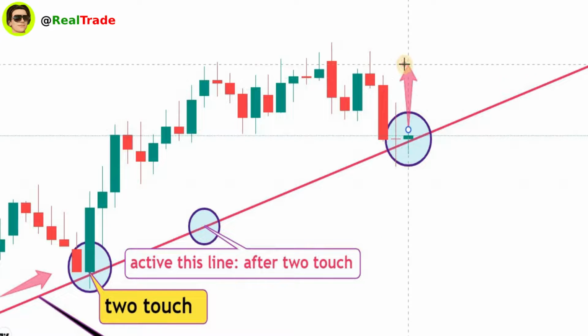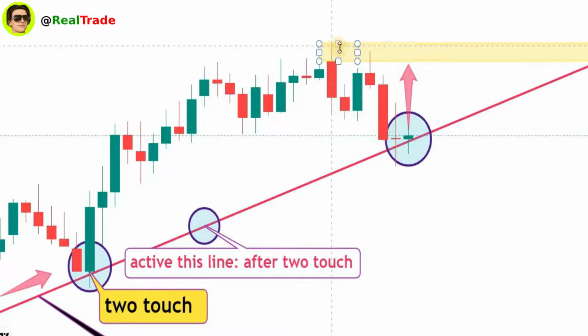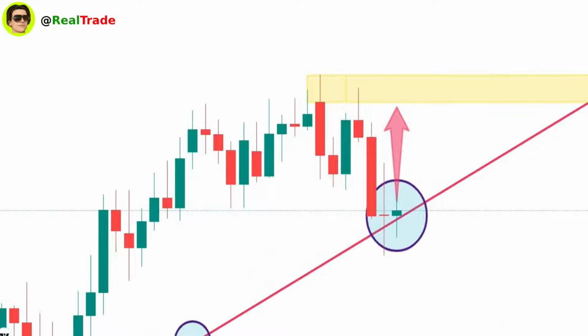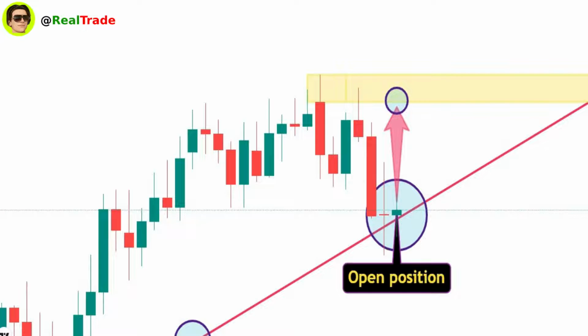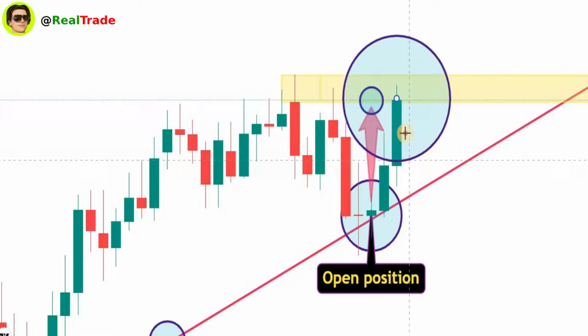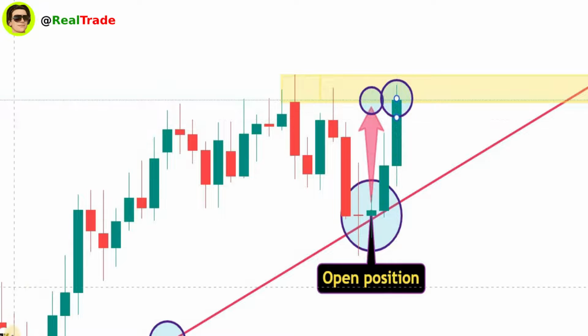The best profit is the next local resistance, this point. Look at the chart. Under local resistance is take a profit. Yes, this candle, take a profit.